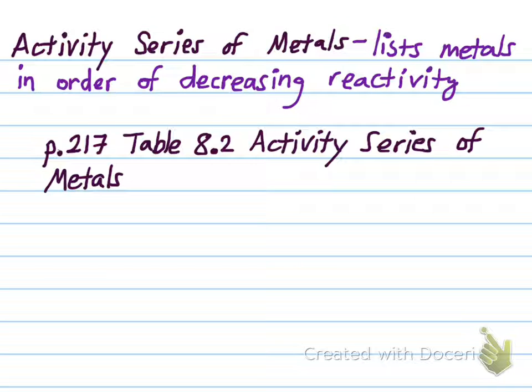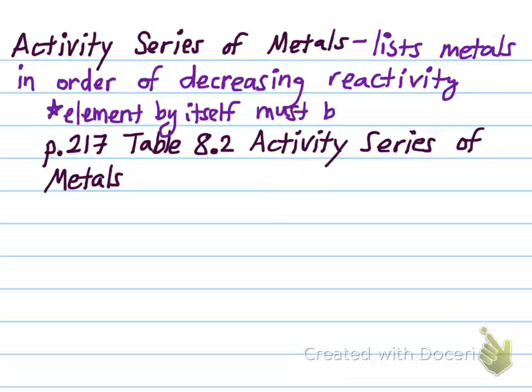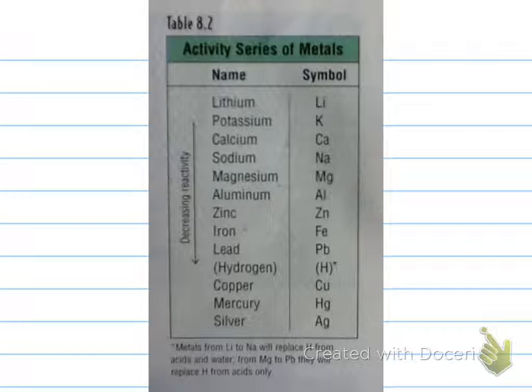What that means is my strong metals are at the top of this series and my weak ones are at the bottom, which means the element that is alone or by itself must be higher to do the replacing. So you have a chart in your outline to fill in. So if you want to open up your textbook to page 217 and look at this and copy it down into your outline, and you can pause the video if you need to.